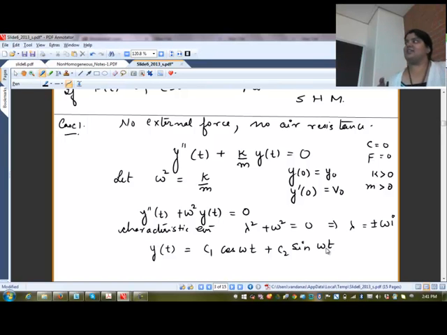Now this expression is not what you really encounter in any physics textbook describing simple harmonic motion. What you see in every textbook is that when they say something is simple harmonic motion, they have displacement either in cosine or in sine, but they don't have both cosine and sine terms in the expression.